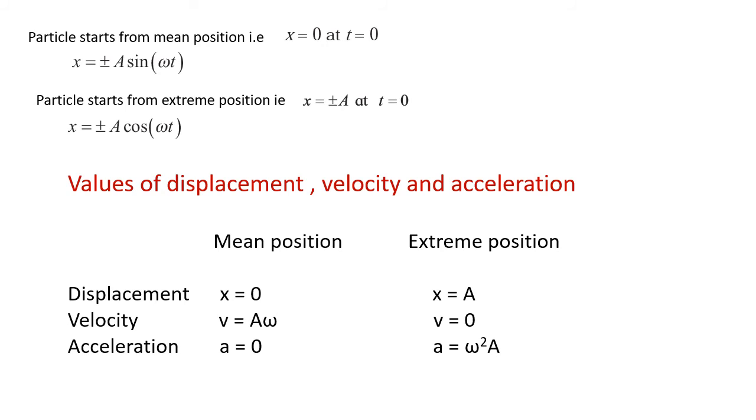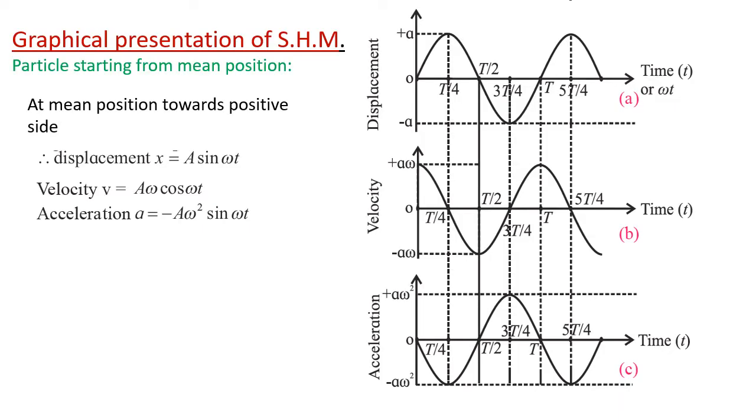Now that we know the expressions for the velocity, displacement and acceleration of a particle performing SHM from mean or extreme position, let us try to have the graphical representation of SHM.